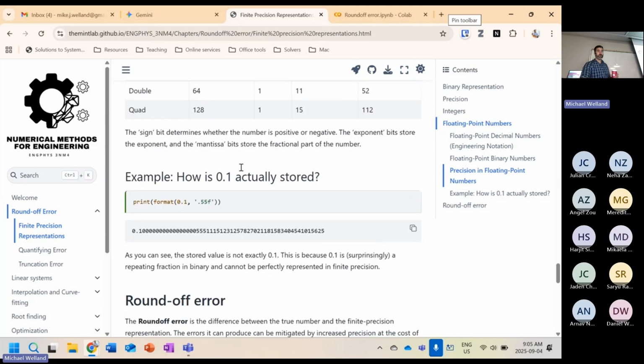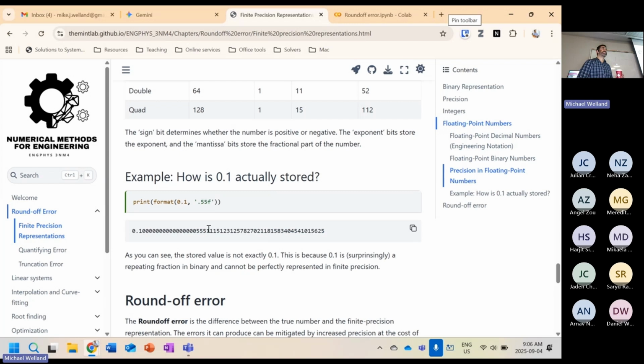Okay, so how would the number 0.1 actually be stored? If you convert it to floating point precision, you get this funny guy. I'm forcing it to write out 0.55f, which means 55 digits behind the decimal point, right?